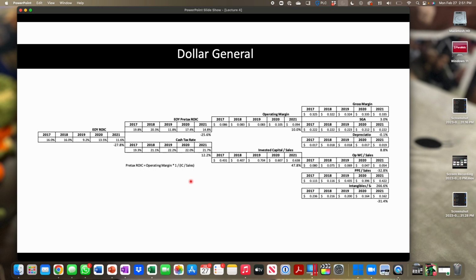And their SG&A remains constant. And their depreciation, they're costing more for their depreciation, which is going to hurt the operating margin. We can see the gross margin is the main drive for bringing their operating margin up.